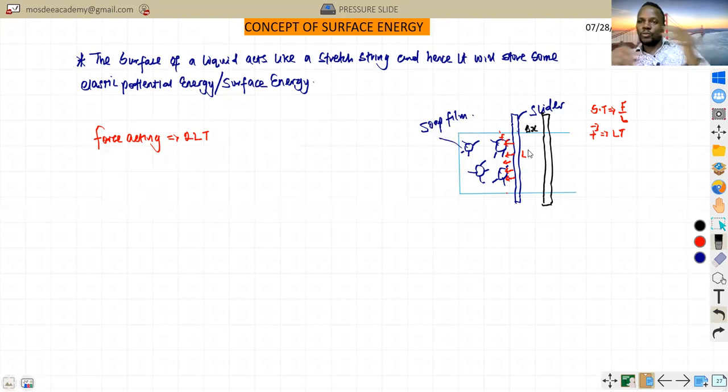If you want to move something, no work is done when distance is not covered. We might have learned that in class 9 or junior classes. Now I'm applying an external force, which I will call F external, to pull it toward yourself through a distance of delta x.